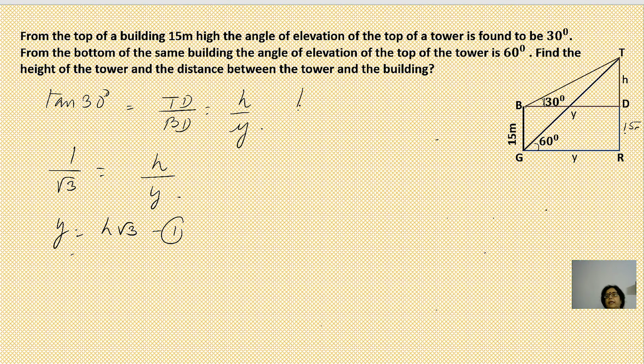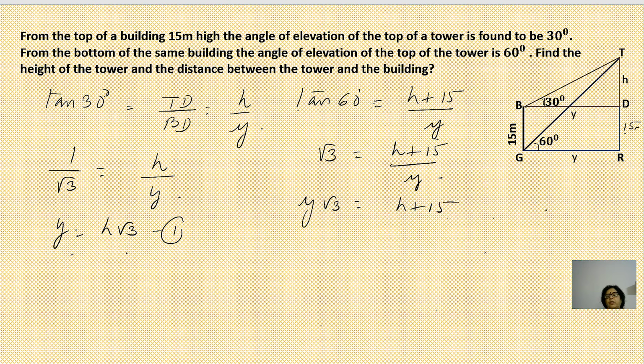Then we take the other triangle, and from here we get tan 60 degree. From this triangle TRG, tan 60 degree will be equal to H plus 15 by Y. Tan 60 is root 3. So root 3 is equal to H plus 15 by Y. So we get here Y root 3 is equal to H plus 15.